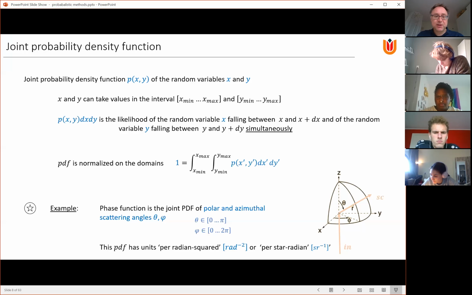If you now look at the units, d theta and d phi both have radians as units. So that means that this joint probability density function itself, p of theta and phi, has units per radian squared, or if you like, per steradian. So that's the definition of the steradian.